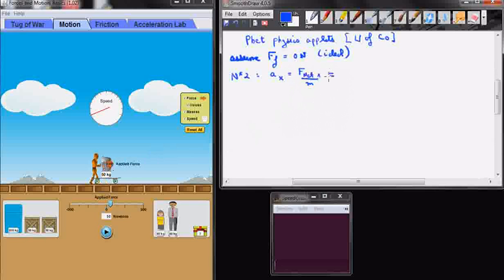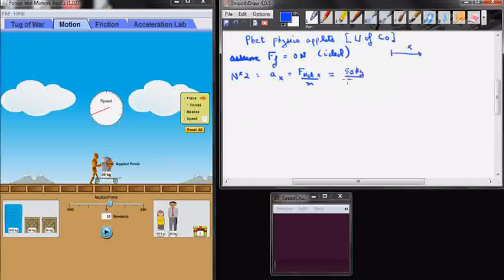The net force, if we ignore friction and air resistance as well, is simply going to be 50 kilograms. That's what I'm telling the man to apply here to the right. So we're also assuming a coordinate system positive to the right.